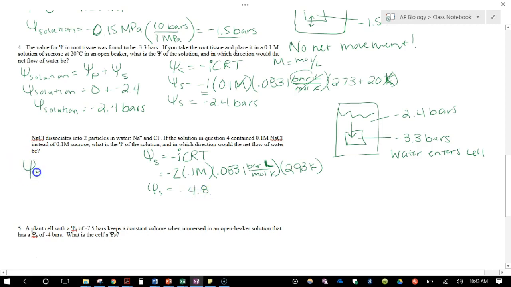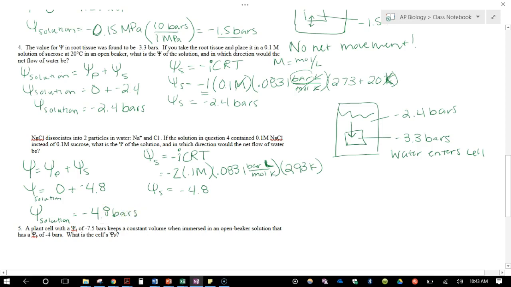So my water potential equals pressure potential plus solute potential. So the solution is 0 plus negative 4.8. So total equals negative 4.8 bars.